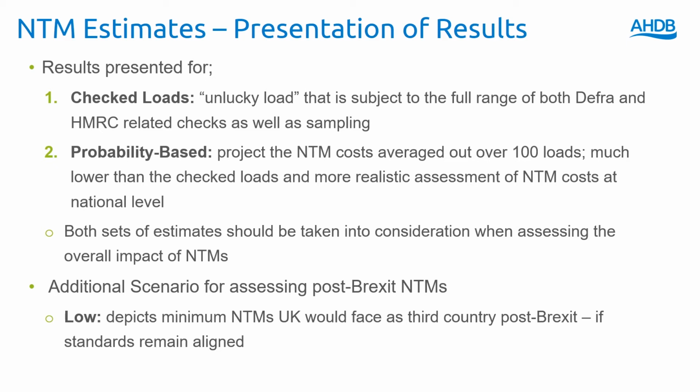Of course, in order to avail of that, it is very important to point out that standards would need to remain very closely aligned between the UK and the EU, as is the case between New Zealand and the EU as things stand at present. So based on that, that was the basis for calculating the NTM costs in this study.